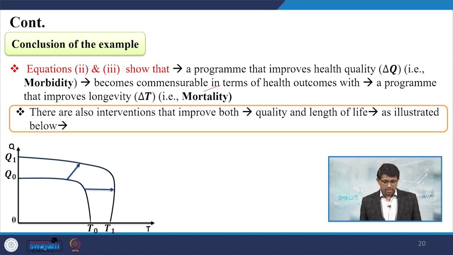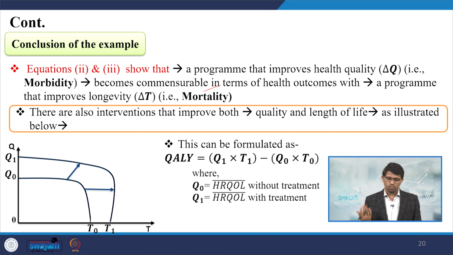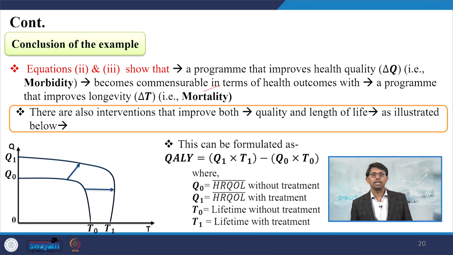There are also interventions that improve both quality as well as length of life, as explained in the diagram, and this can be formulated as Q1 T1 minus Q0 T0, where Q0 is our HRQL without treatment, and Q1 is our HRQL with treatment.